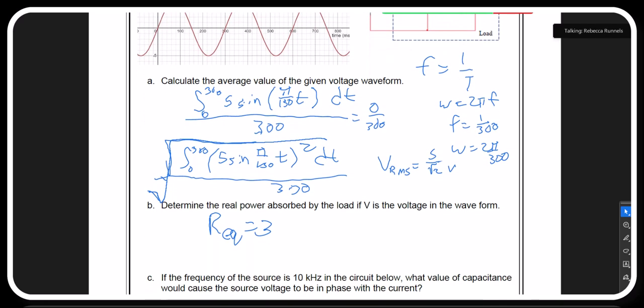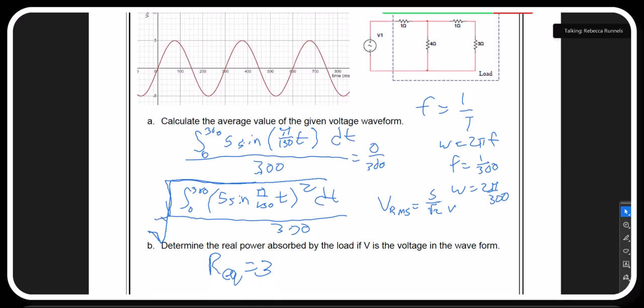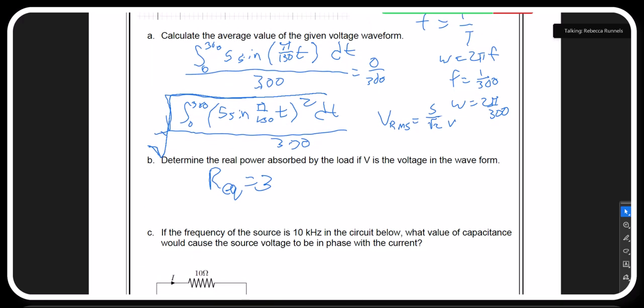So in this instance, if we want to find the real power absorbed by the load, our complex power is 1/2 complex voltage times the complex current conjugate, and the current is the voltage over the impedance.